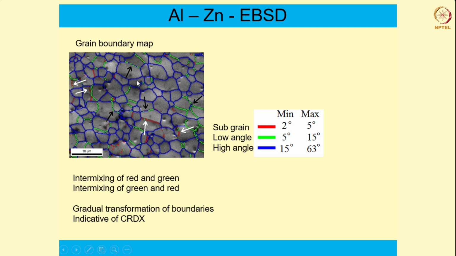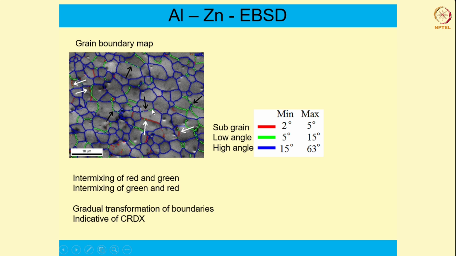Now if you look at these individual grains carefully, you would see that apart from these individual colors, that is red, green and blue, you also have a mix of colors. For example, here you can see a mix of green and blue colors.